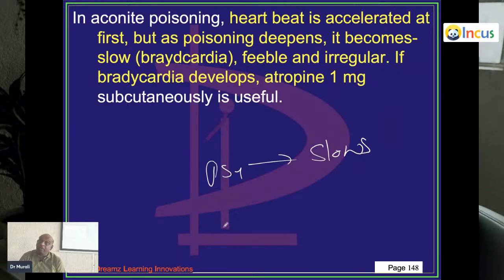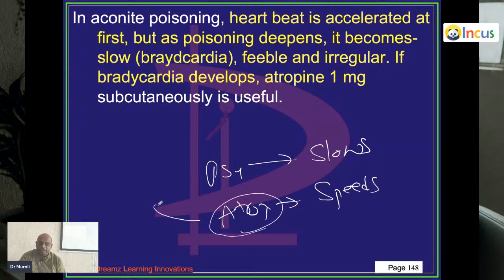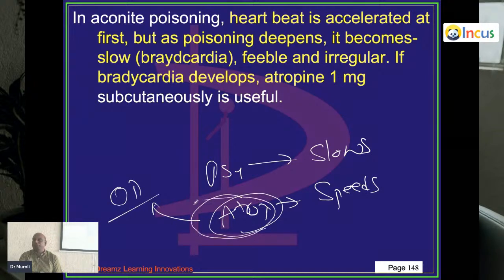Parasympatholytic is atropine. Atropine speeds the heart. That's the reason, whenever in organophosphorus poisoning you give atropine, you will see that the heart rate has crossed more than 100 to consider adequacy of your atropine treatment.